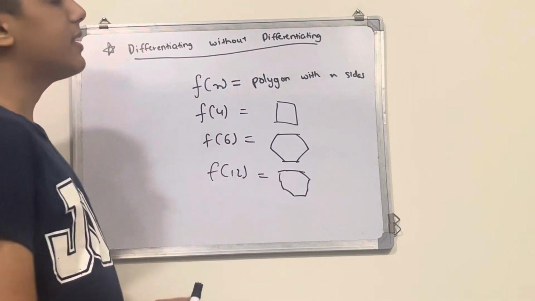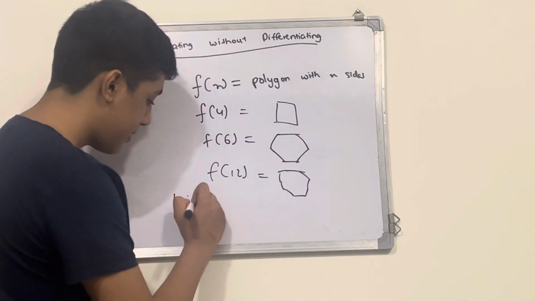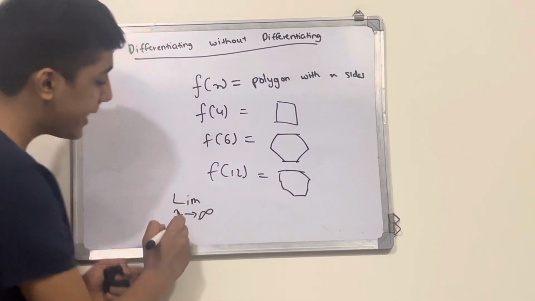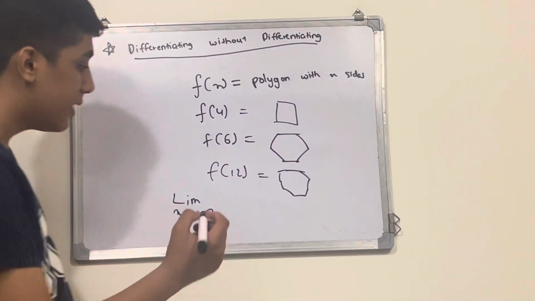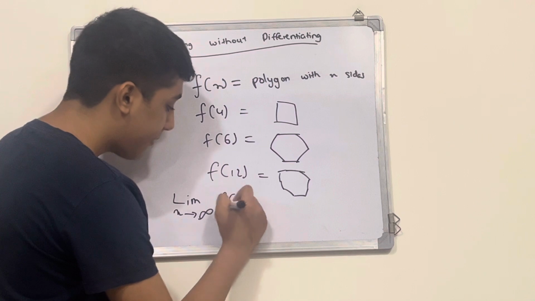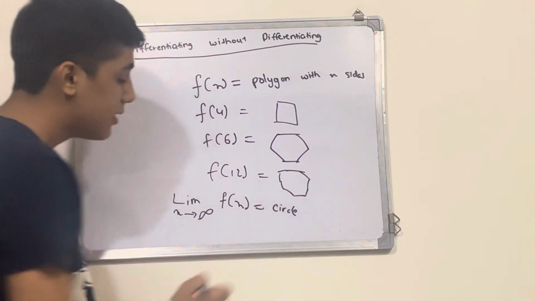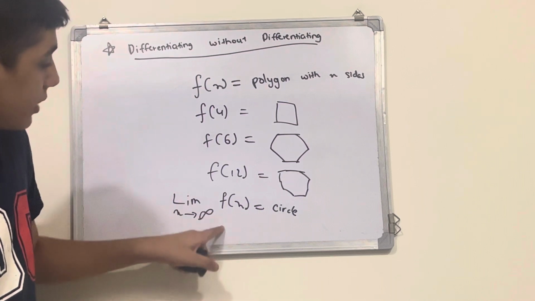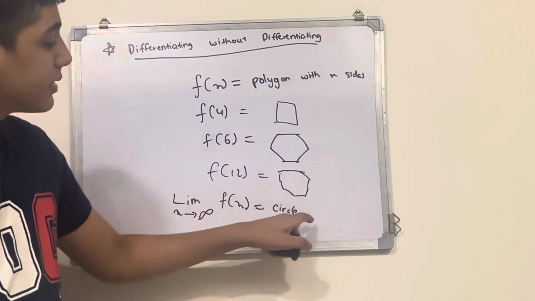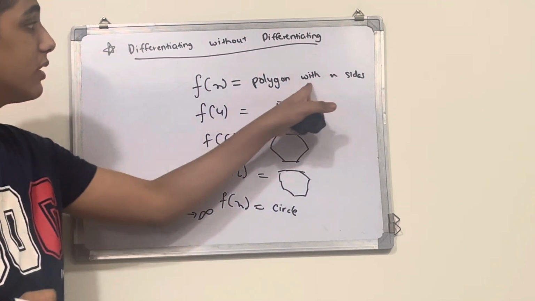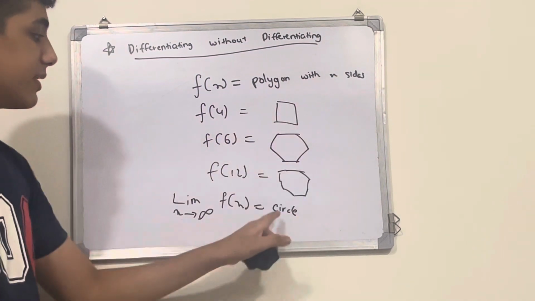And now I want to write this as a limit, x approaching infinity. As my x value is getting closer and closer to infinity, my f of x, the shape I'm getting, is a circle. So that states that a polygon with infinite sides will basically be a circle.